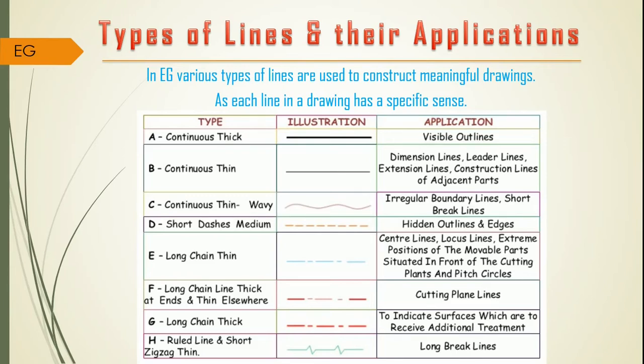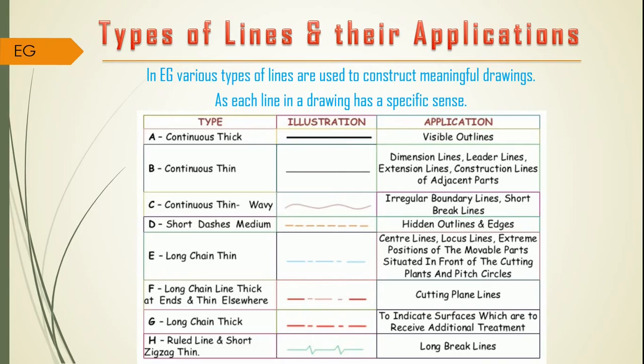Move to the second one, which is the continuous thin line. In the continuous thin line, you find that the thickness is reduced and it measures approximately 0.2 mm, and that continuous thin line is used to show the dimension lines, the leader lines, and the extension line.